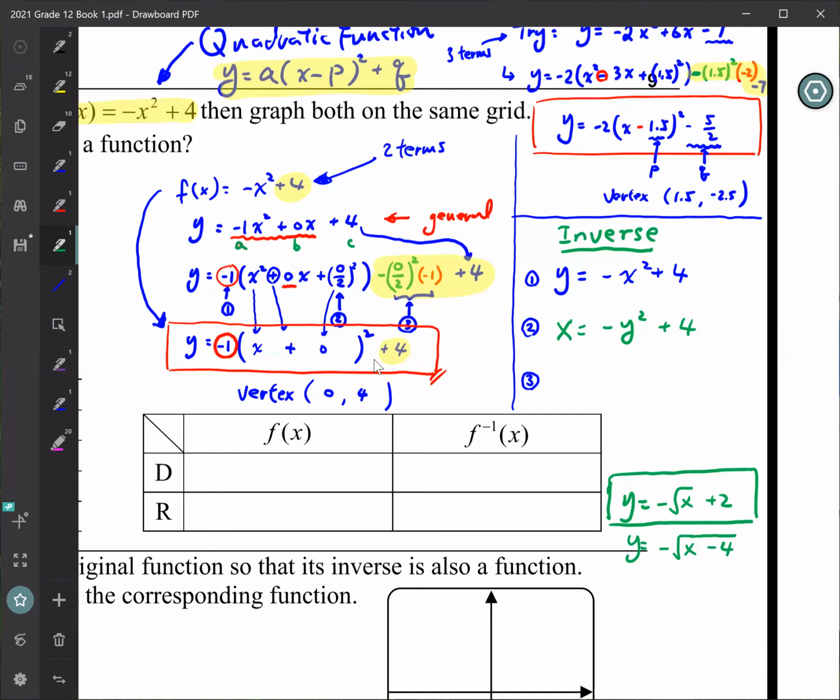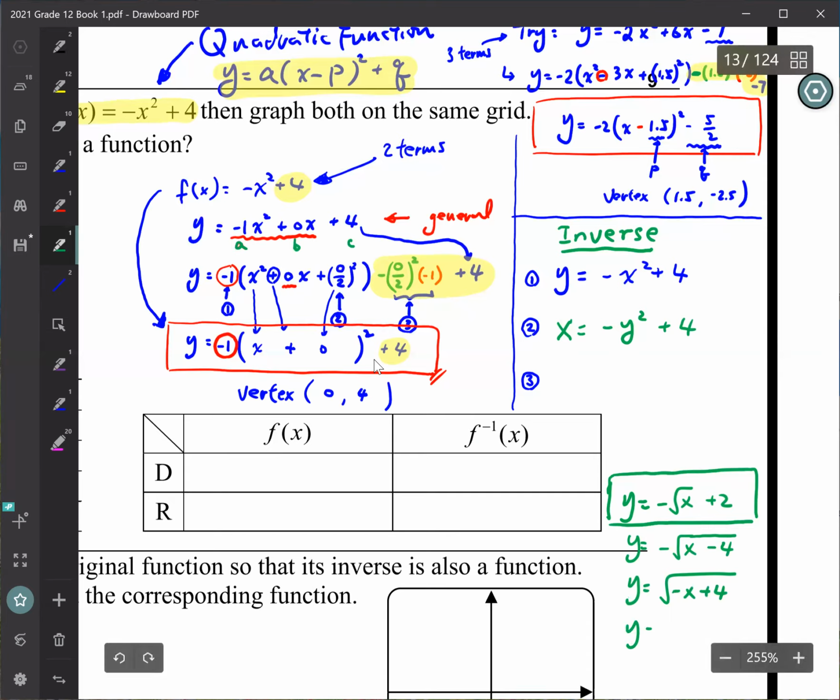Daniel? I got root negative x plus 4. Negative x plus 4, okay. All right, so looks like we need to go over step by step. Eric? I got root of negative x and then plus 2. Outside plus 2, like that? Yeah. Thank you.